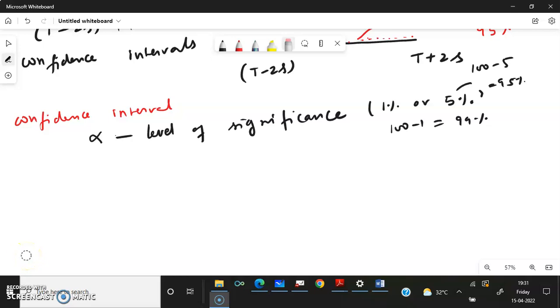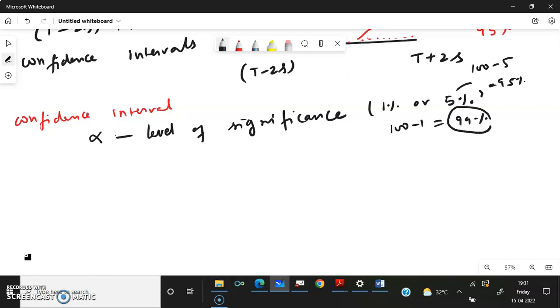Hi dears, we are discussing the level of significance, that is, confidence interval. Alpha is the level of significance. If I say 99% confident, that means 100 minus 1, that is 1% level of significance.